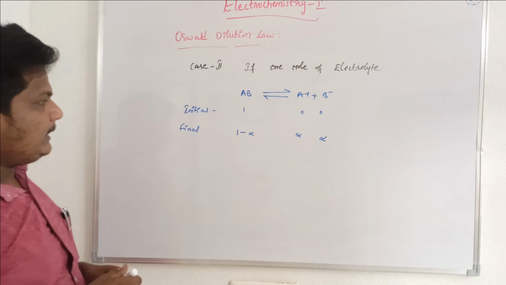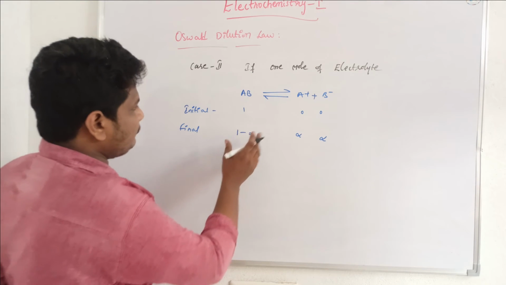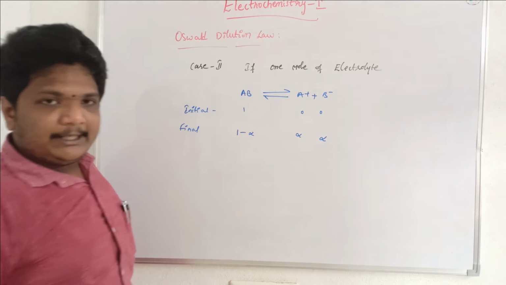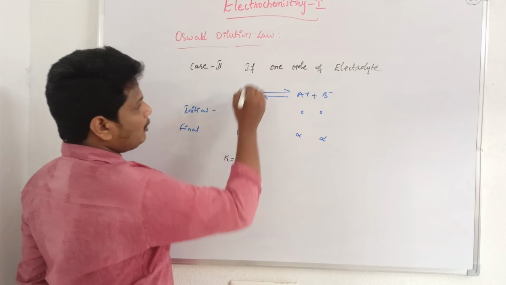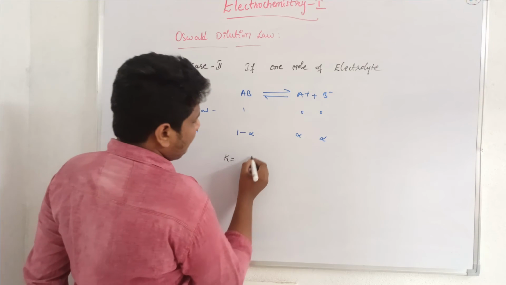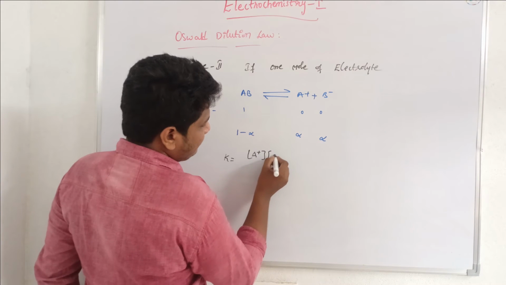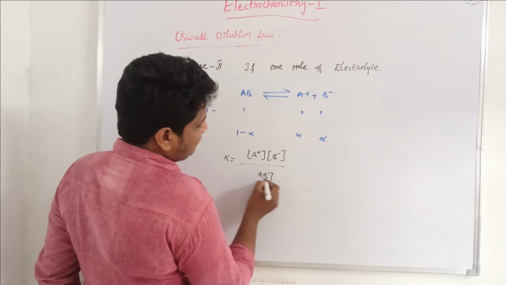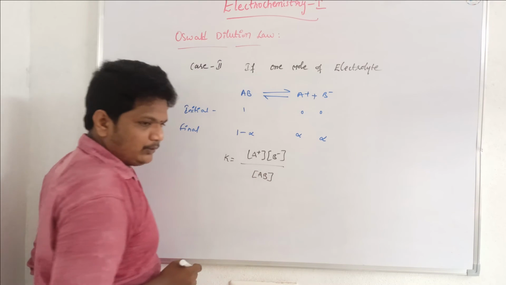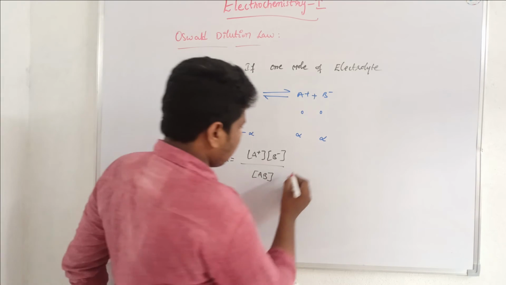Here, for the concentrations of A plus, B minus and AB, by applying the law of mass action we have K equal to the concentration of A plus ions times the concentration of B minus ions divided by the concentration of undissociated AB.